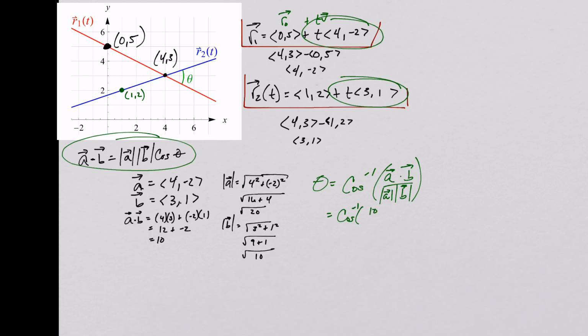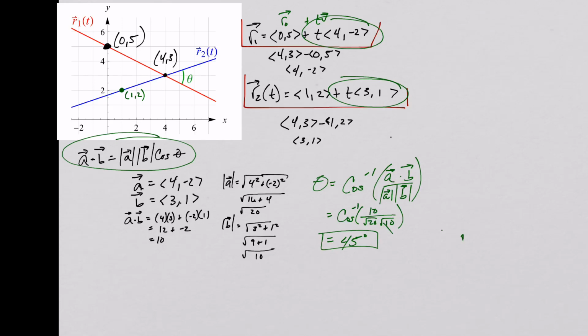We'll have 10 divided by the square root of 20 times the square root of 10. When you solve this in your calculator, making sure that your setting is in degrees and not radians, you should get an answer of 45 degrees. And so that is the angle of collision for these two lines.